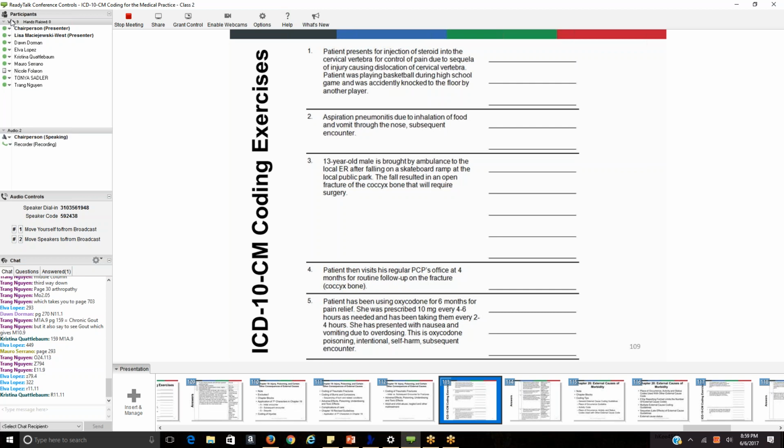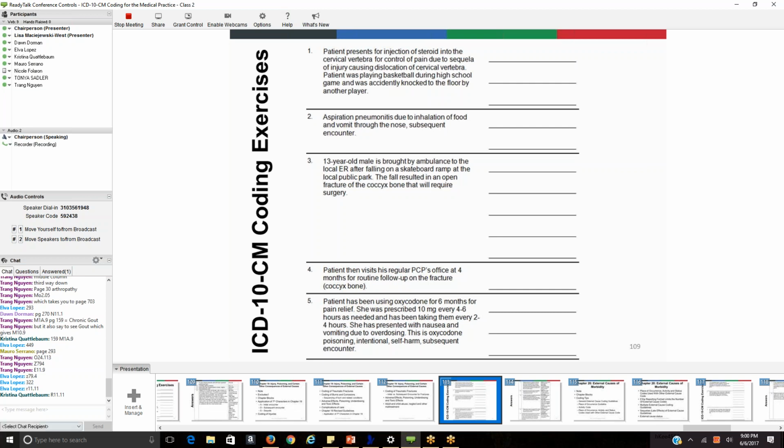So I actually had S32.2XXB, W10.2XXA, V00.131A, Y92.830, and Y93.51.